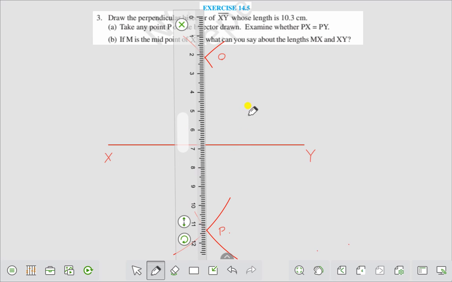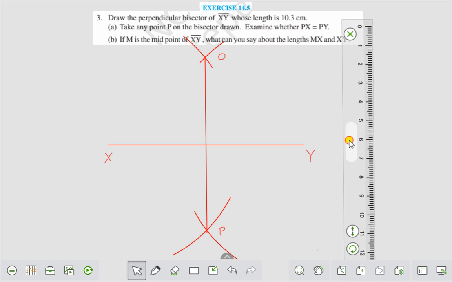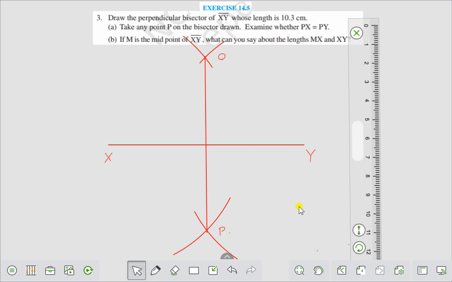Now draw this line. Here you see, we got the 2 points. We got OP is the perpendicular bisector of XY, right?